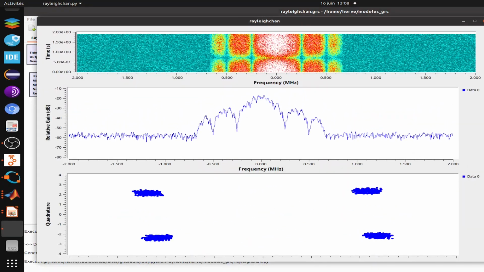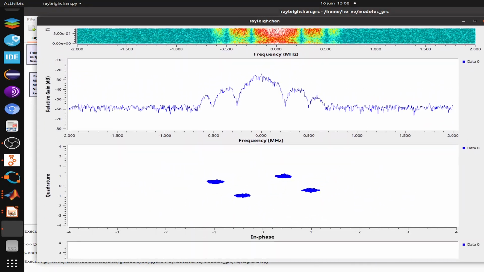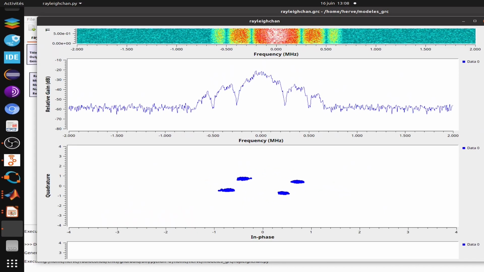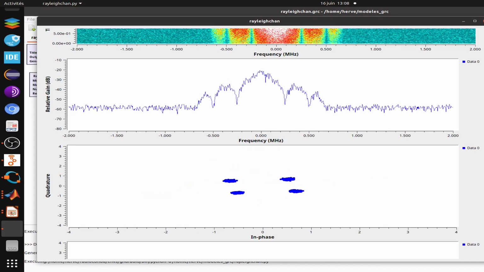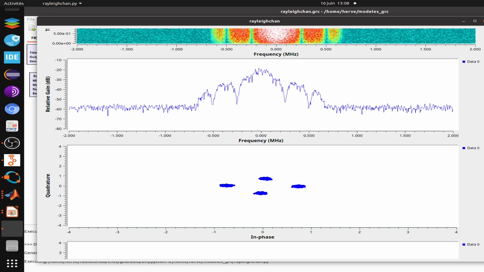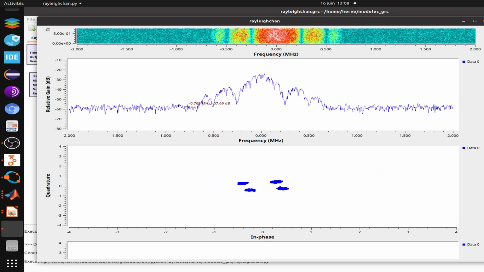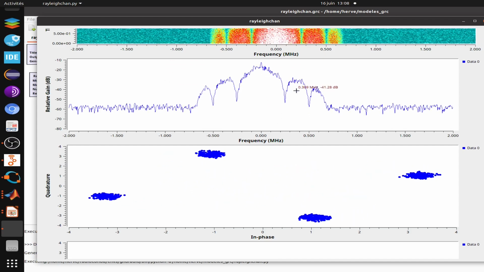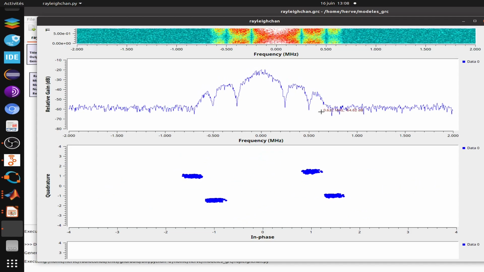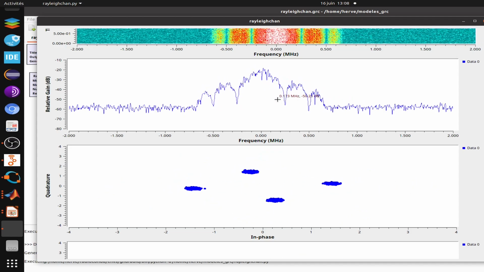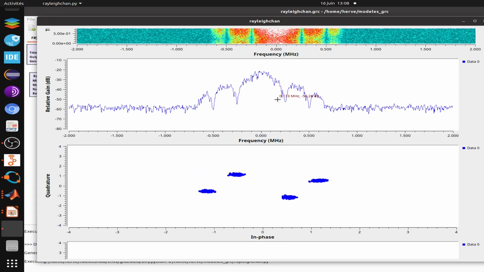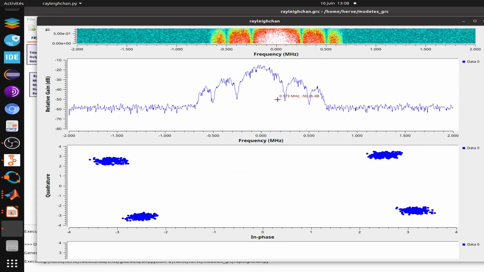what I'm going to observe is the dancing constellation if I don't do anything to estimate and to correct this phase rotation. As you can see, the spectrum of the QPSK modulation is quite clean. You see that all the frequencies fade at the same time.